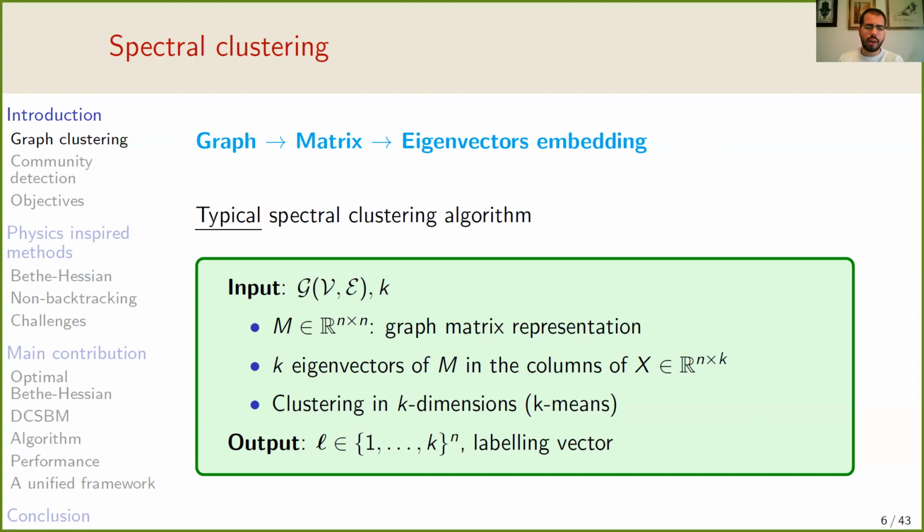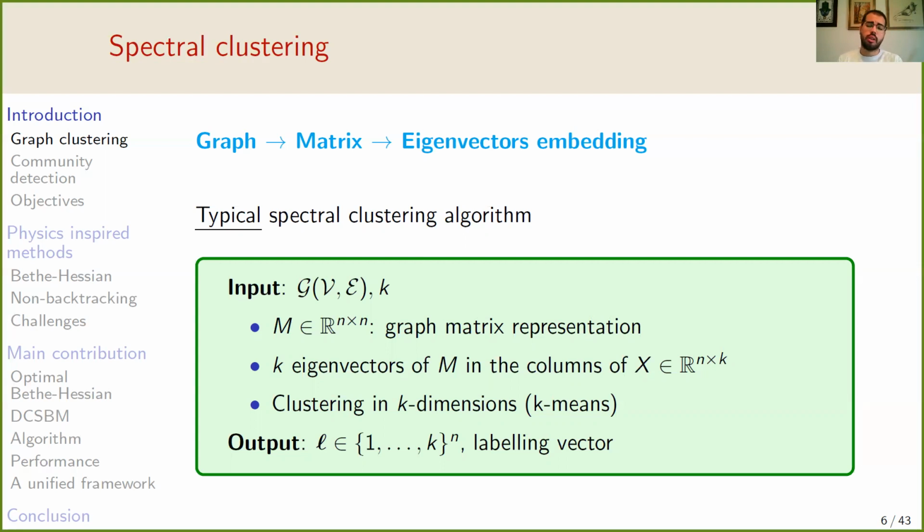The input is the graph, and K, the number of clusters. Then we choose the matrix M, which is a suited graph matrix representation. Actually, one of the main goals of spectral clustering is to identify the correct matrix M, which may or may not be the adjacency matrix.